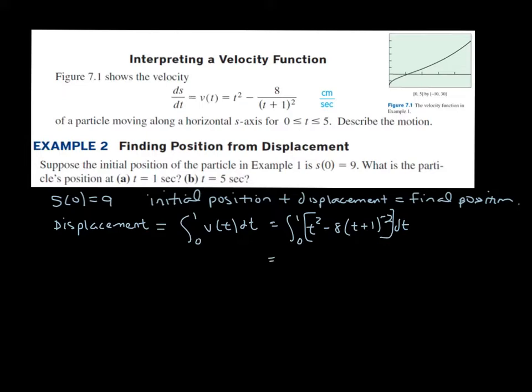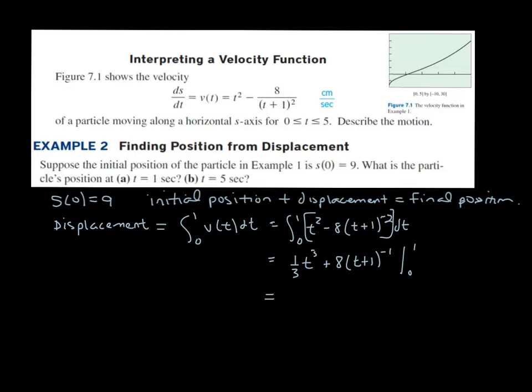And as I go to do that, that will be 1/3 t cubed. And we add 1 to the exponent, get negative 1. Negative 8 divided by negative 1 is positive 8, and it'll be t plus 1 to the negative 1, from 0 to 1.